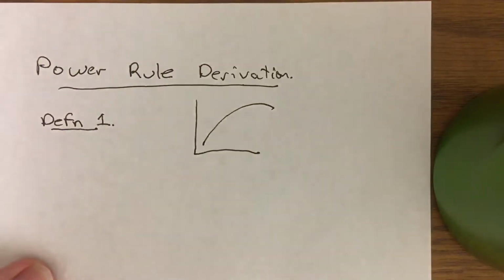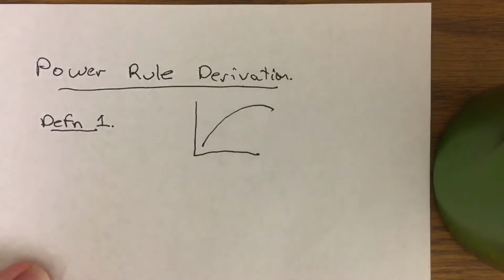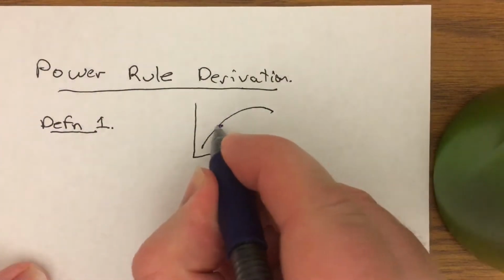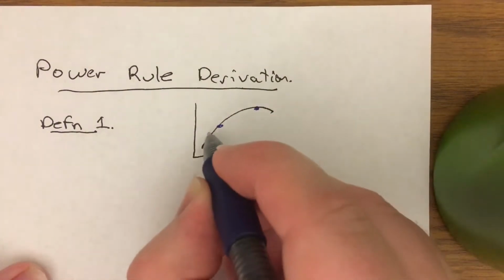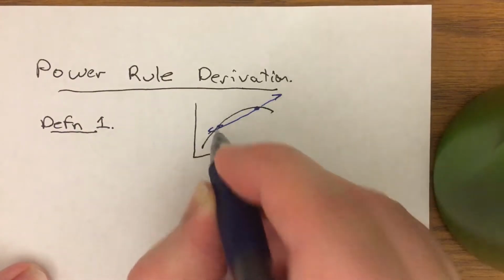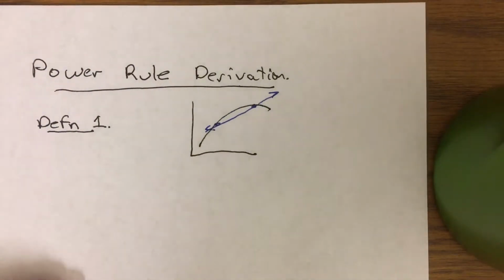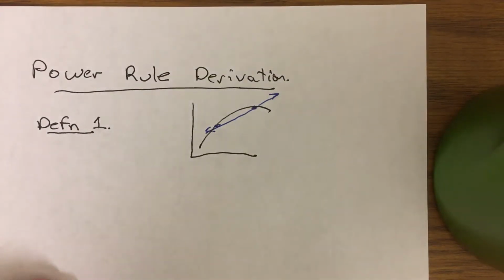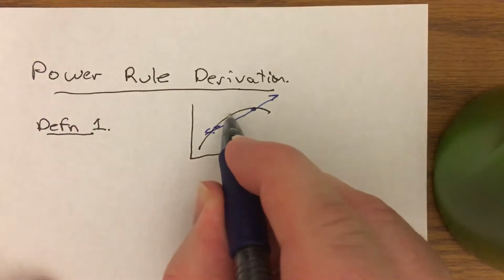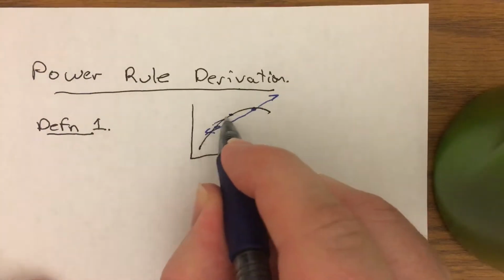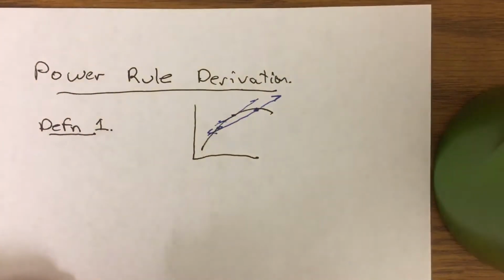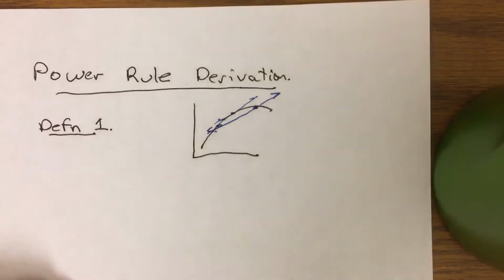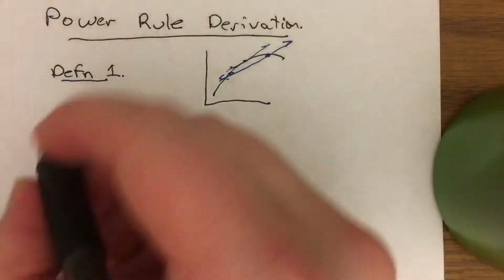Essentially, like before, you would be given 2 points, and you find the line between the two using m is equal to y2 minus y1 over x2 minus x1, right? So essentially what we're going to do here is shrink the space in between the two enough so that it's basically a tangent line.